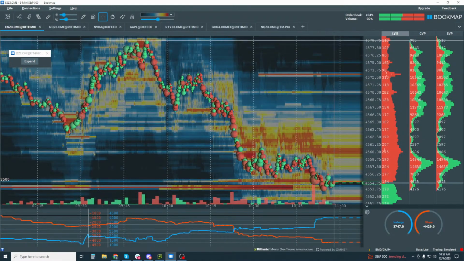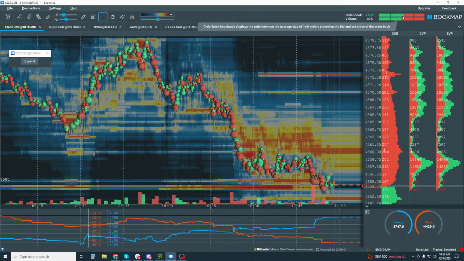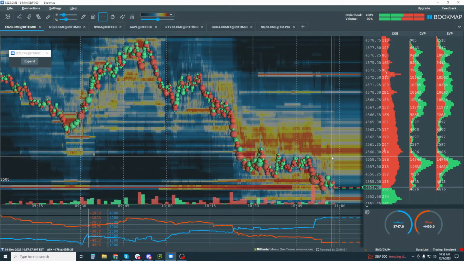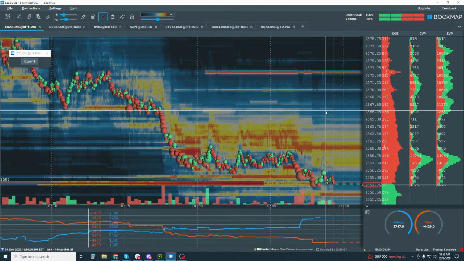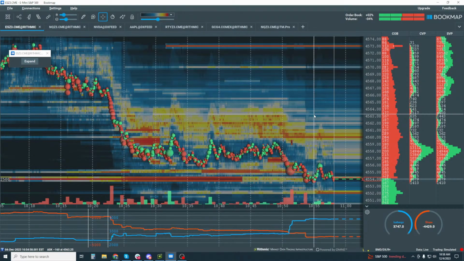It's the same calculation. The one difference in the order book is that it's doing it for multiple levels. You can input values for how much order book you want to read there.